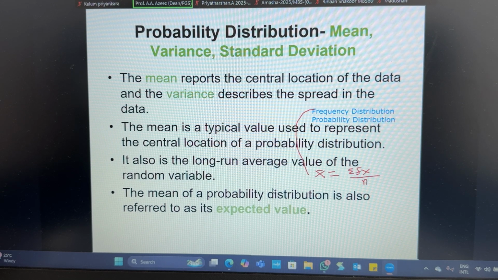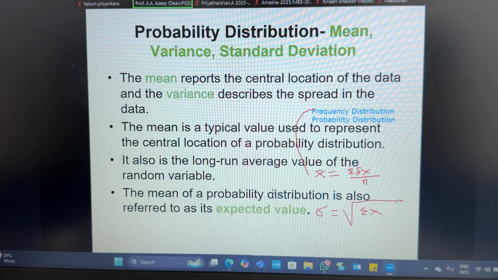This is to calculate the mean of the frequency distributions. For the standard deviation, we use the formula sigma (x minus x bar) squared divided by n minus 1.